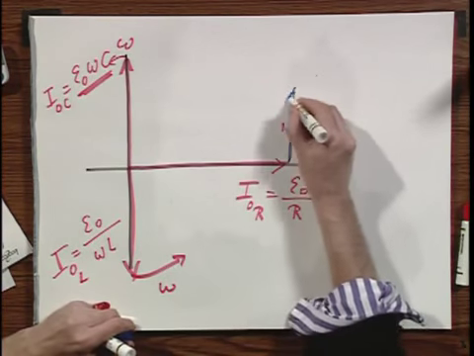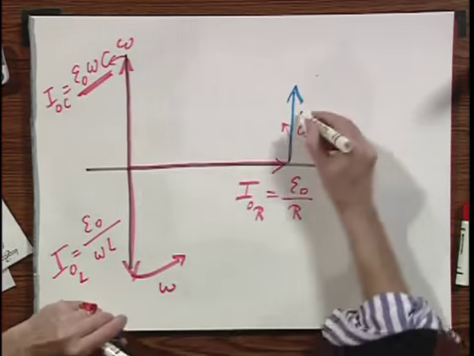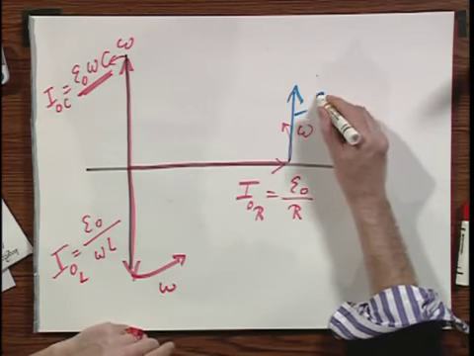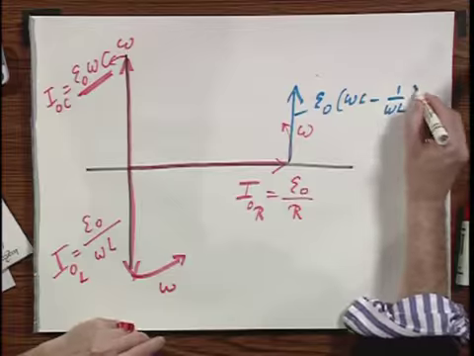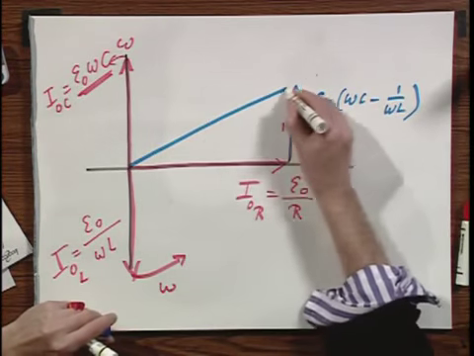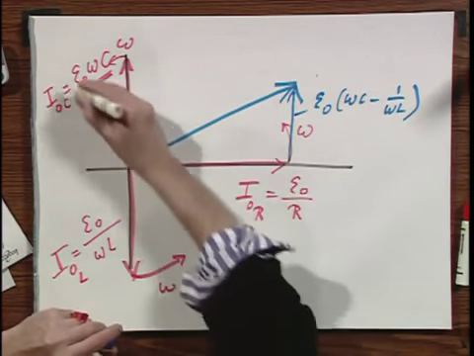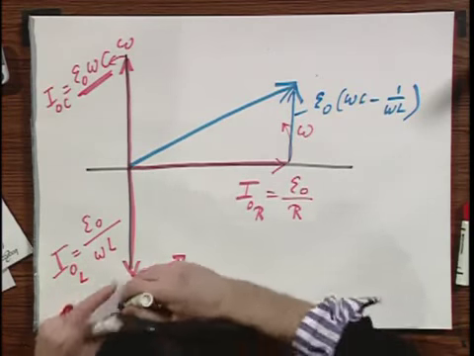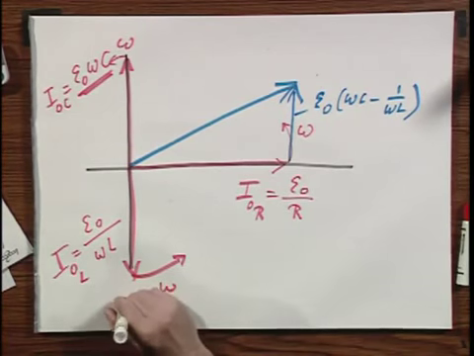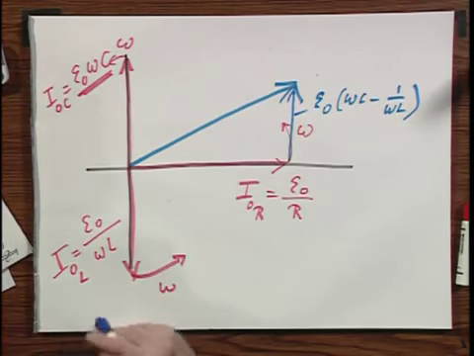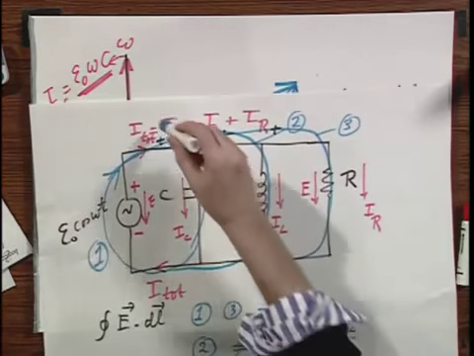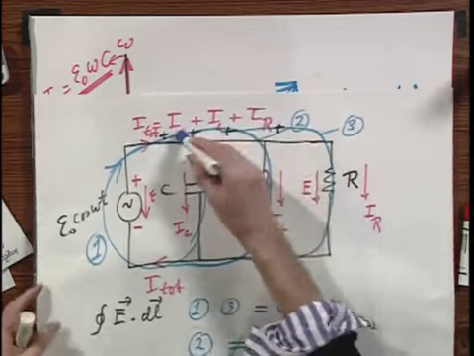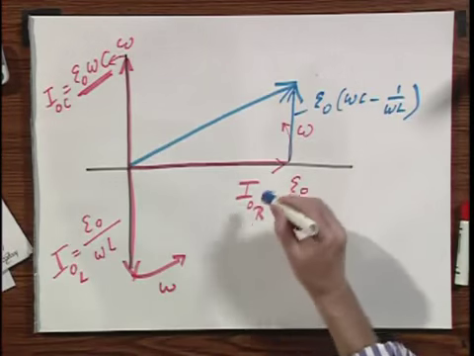So if I add this one to this one, I get here a vector E0 times (omega C minus 1 divided by omega L). And so the net vector, adding all these three currents together, and that's what I have to do, because in this case the current through the system is the sum of these three currents, and I add them now, so to speak, in a vectorial sense.